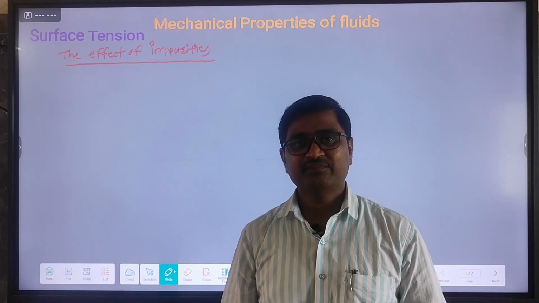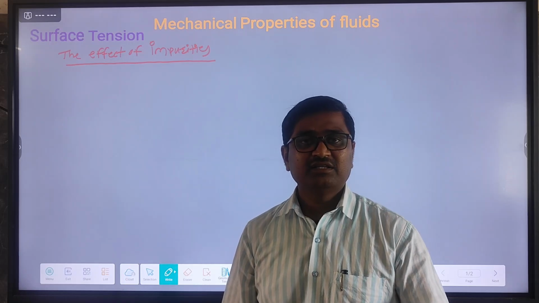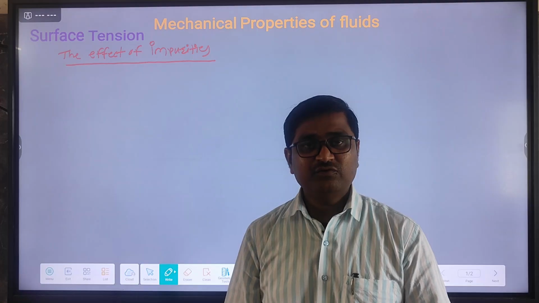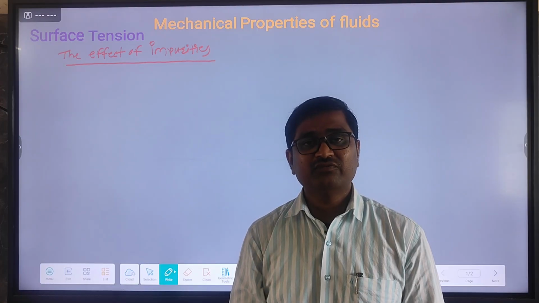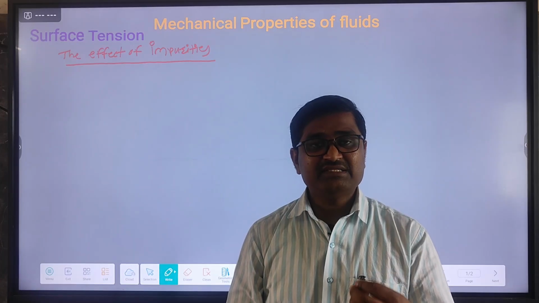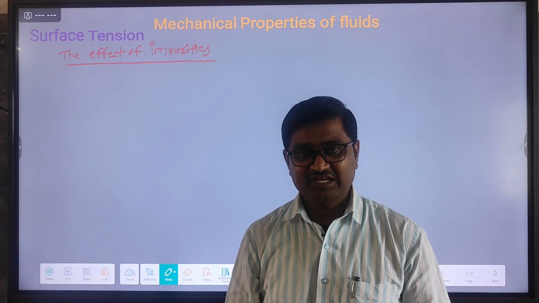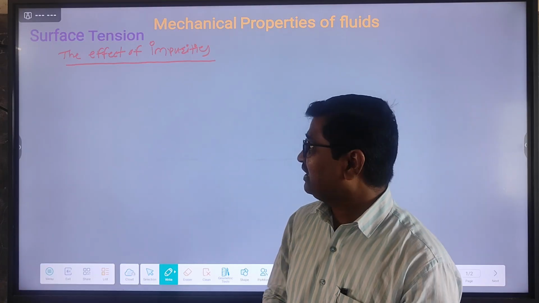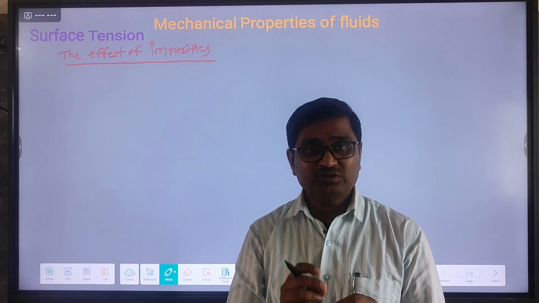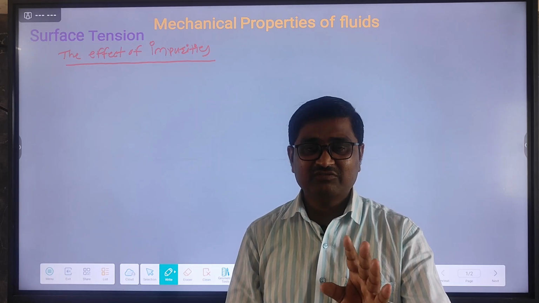Imagine that a completely soluble impurity, like common salt, is added to pure water. We know it is completely dissolved in the water. If that type of impurity is added to water, its surface tension will increase. So the angle of contact or the surface tension changes if impurity is added.